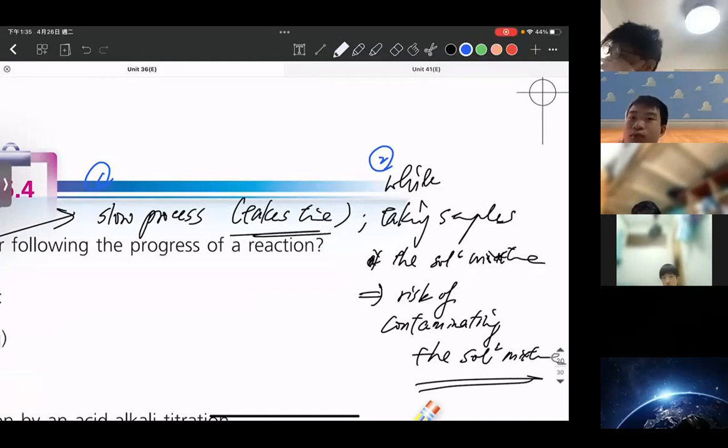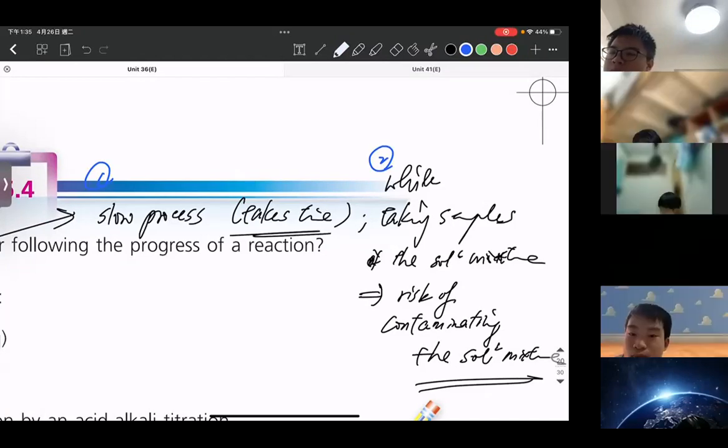It will make the solution dirty, which means you are possibly disrupting the whole progress of a reaction. So that's why, if you can really choose, you had better avoid doing sampling. Can you get my point?